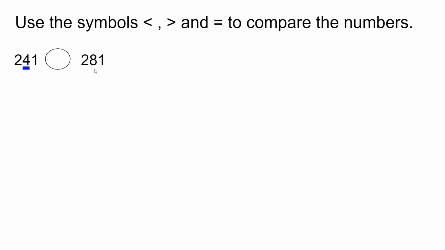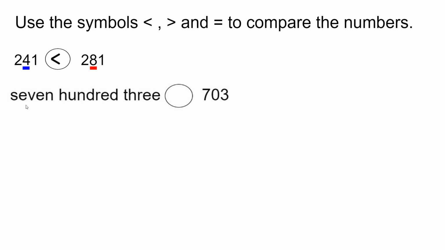So, we could say that if 241 has 4 tens and 281 has 8 tens, we would say that 241 is less than 281. 241 has the least value compared to 281.